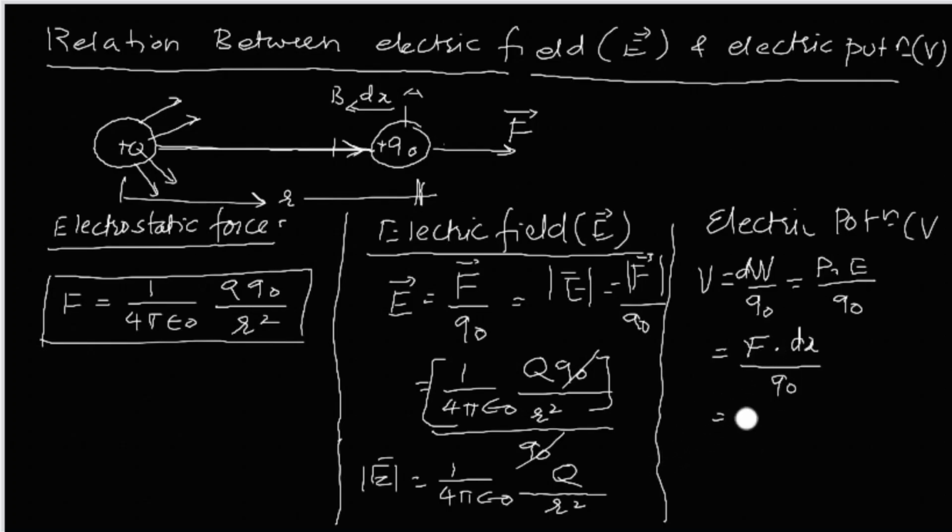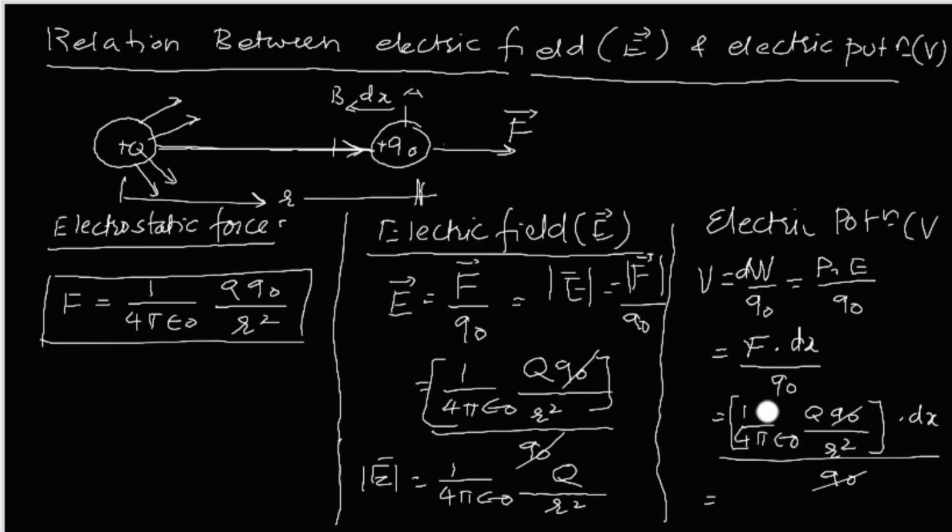Force is electrostatic force, that we will write as the whole value of force: 1 upon 4 pi epsilon 0, Q0 upon r square, into dx as it is, and divided by Q0. So Q0 gets cancelled here.